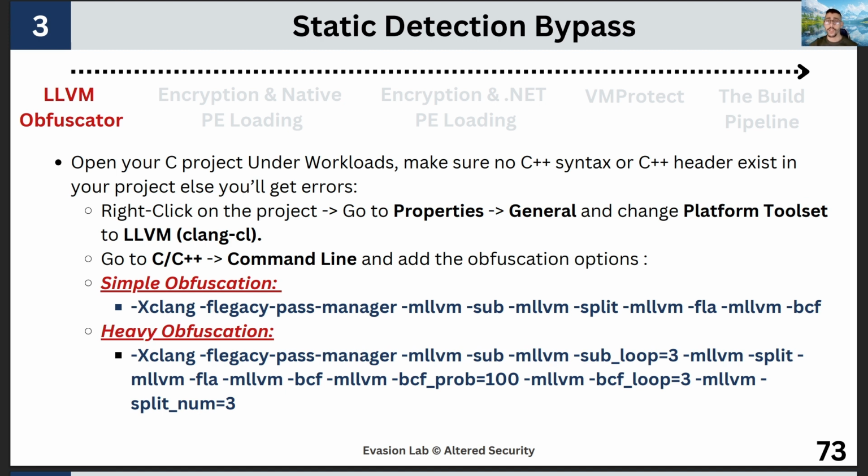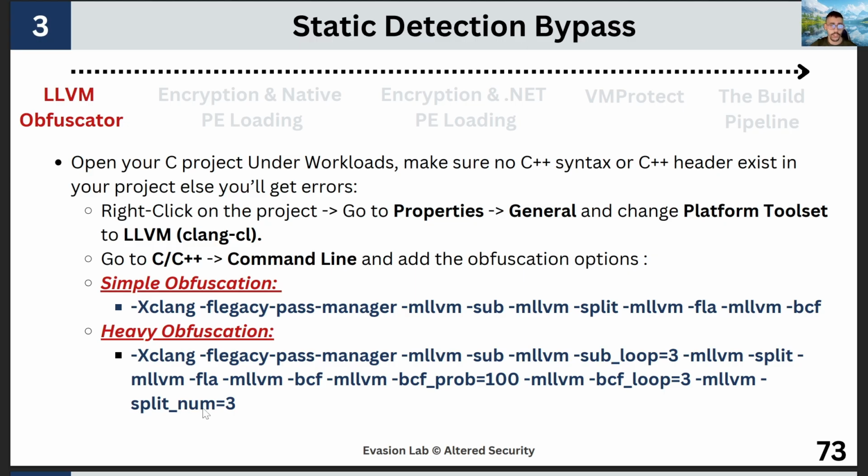Now let's take a look at the heavy obfuscation and the extra obfuscation flags it has. For these extra flags, we have -sub_loop=3, which repeats the instruction substitution 3 times, making the transformations deeper and harder to recognize. And -split_num=3 ensures each basic block is split into 3 smaller ones.